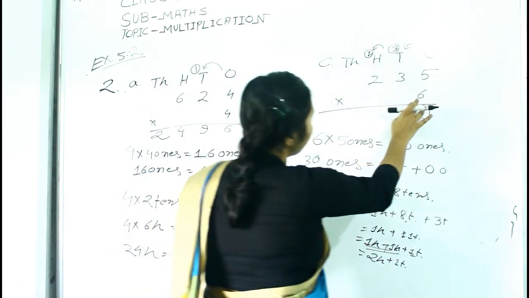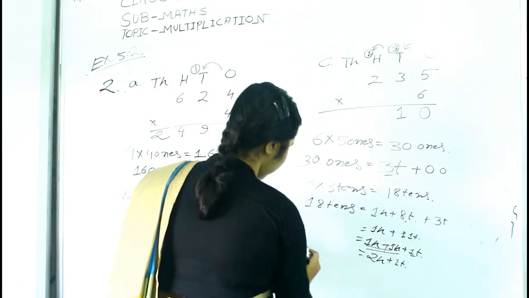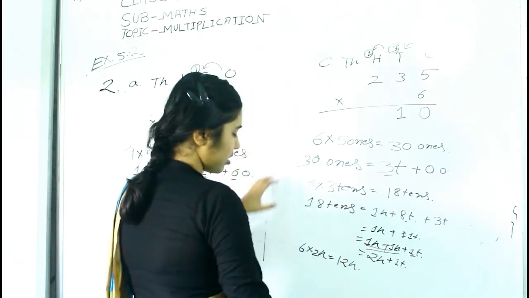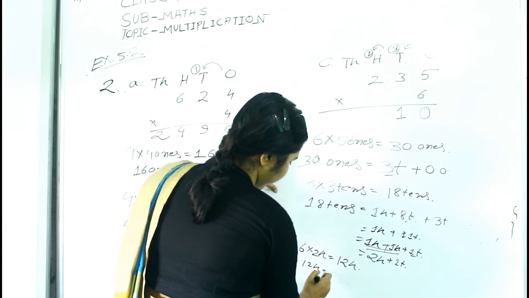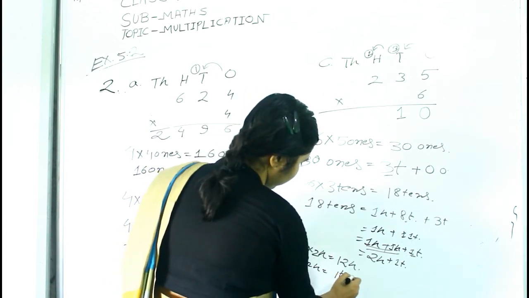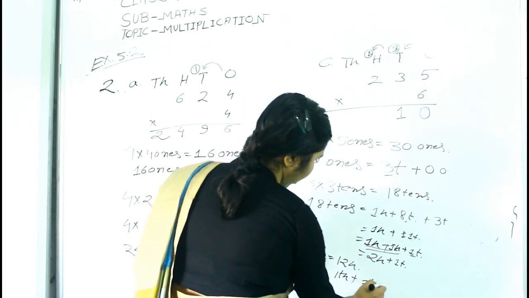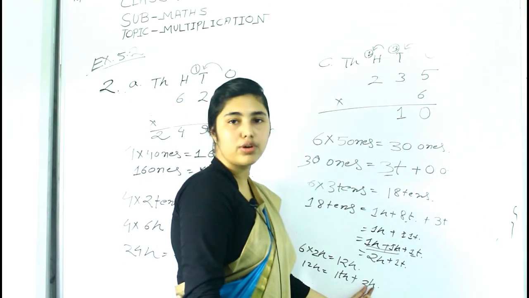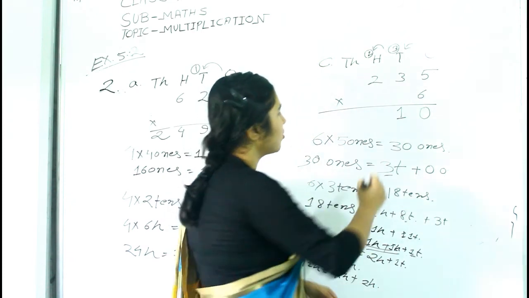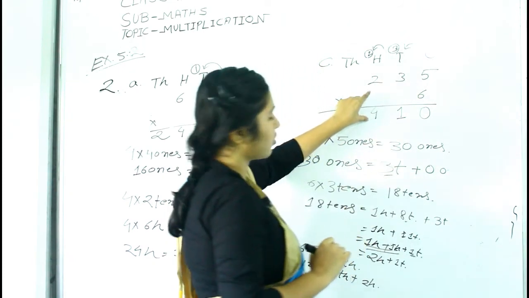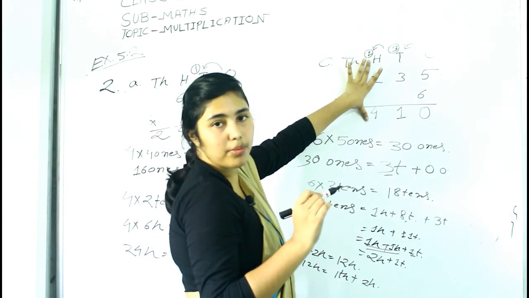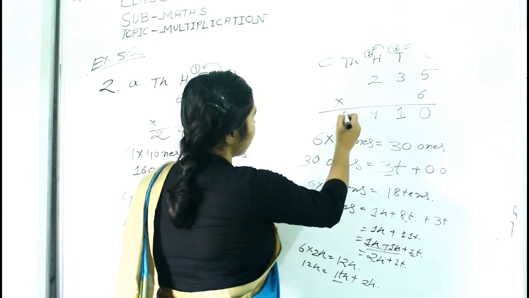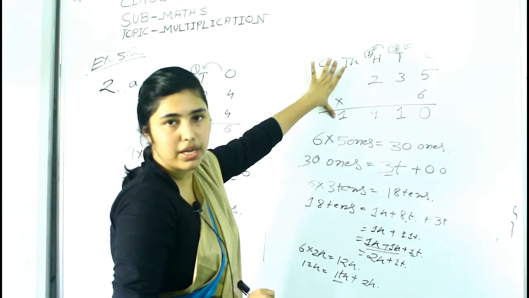Okay? Now multiply 6 with 200. We'll get 1200. Now again we can write 1200 as 1000 plus 200. Now add this 200 with 200. So 2 plus 2, 400. So write 4 in the column of the 100 place and write 1 in the 1000 place.